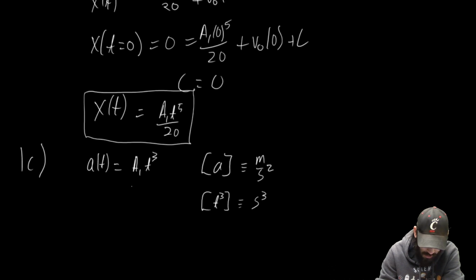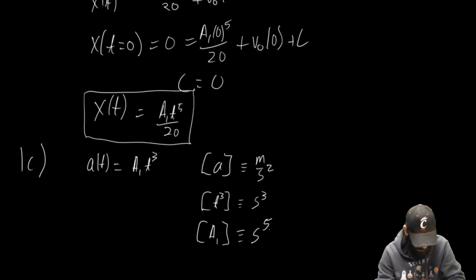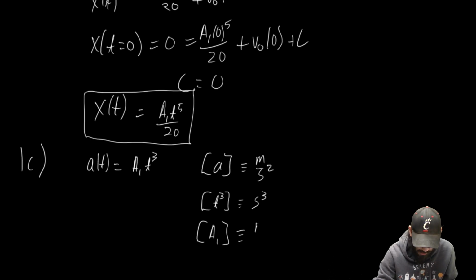And so in order for this to work out, that tells us that the units of a1 are going to be seconds to the fifth, right? Something's wrong. This is going to be meters per second to the fifth. There we go.